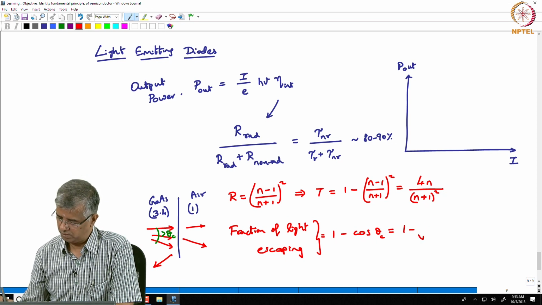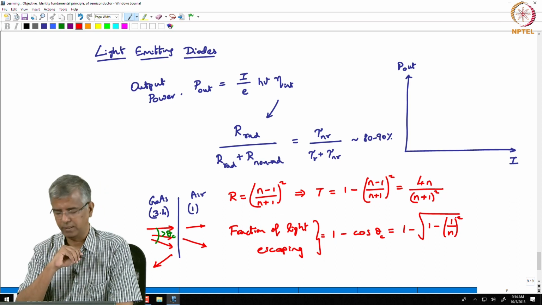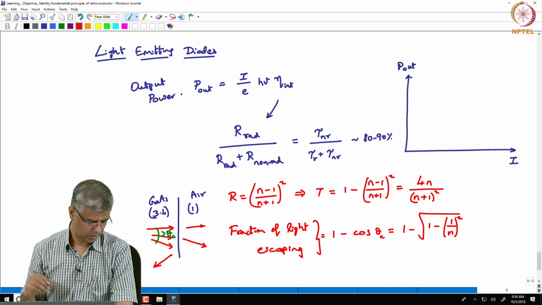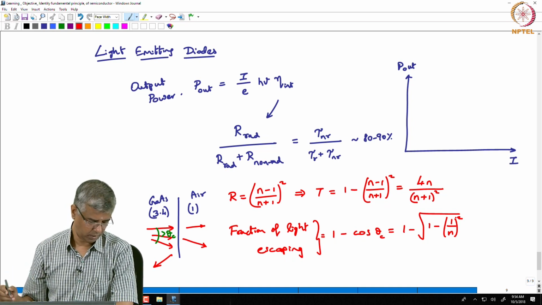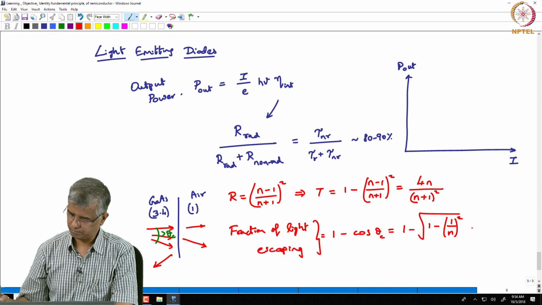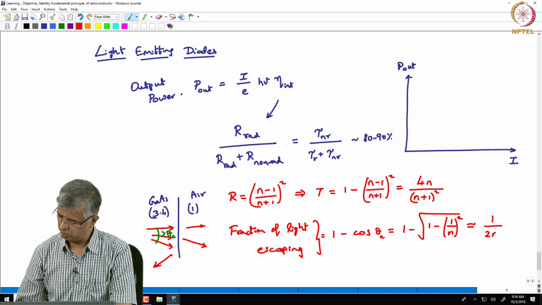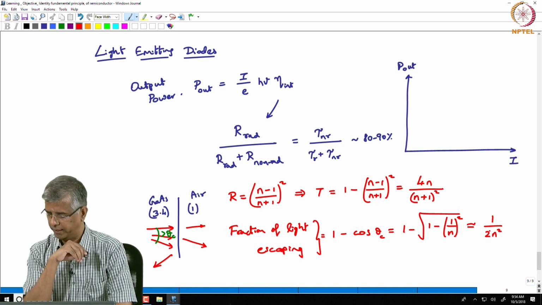So this is 1 minus root of 1 minus (1 over n) the whole square, which if you do the math, you will find is approximately equal to 1 over 2 n square.